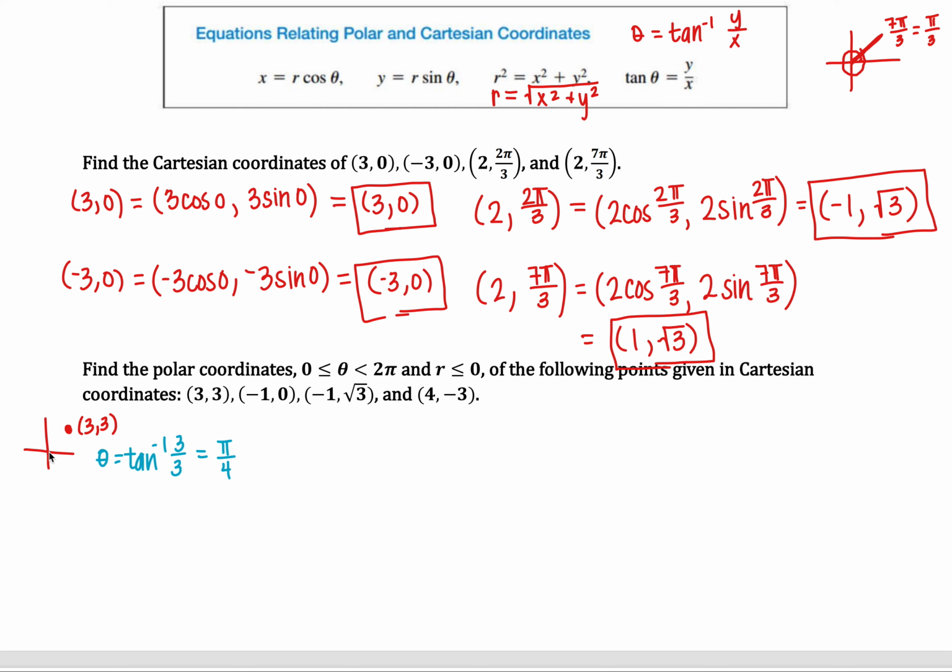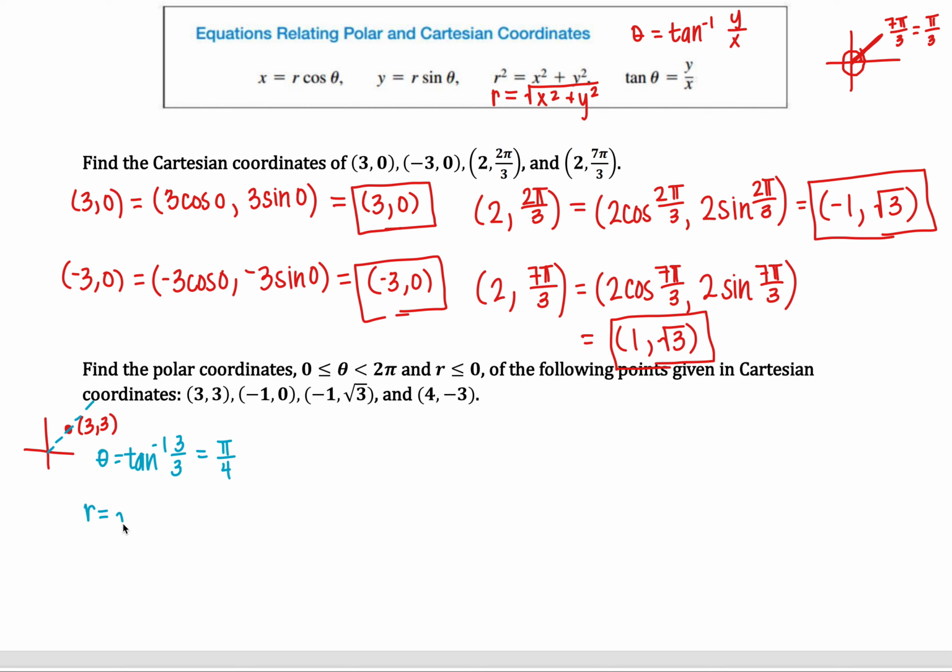So theta is going to be this angle here. But my r value is negative. Well, we'll get there in a second. Let me not jump ahead of myself too much. Let's find r.